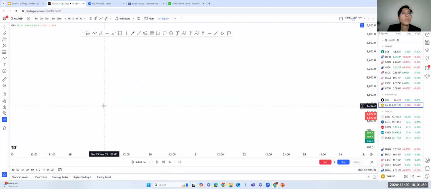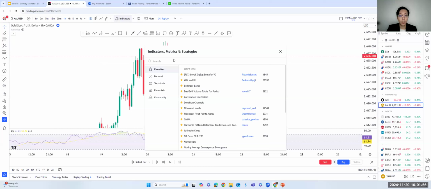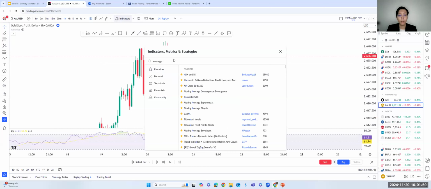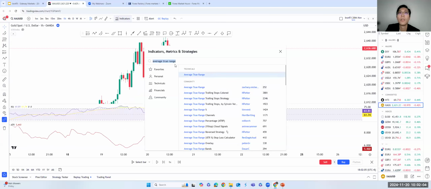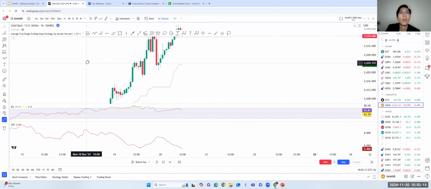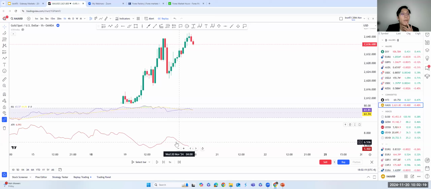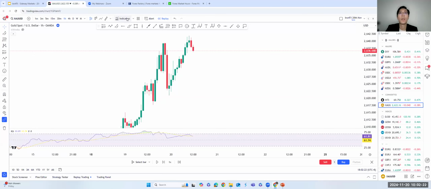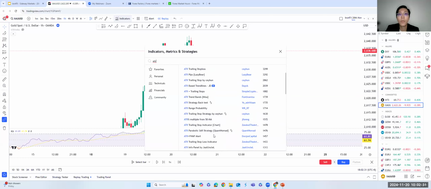Not this one. Oh, it might be this. Oh, it's not this one. It's a more visual one. It looks like this, but it's something more visual. Wait, give me a moment, let me try to find it. It's a very, very useful indicator.